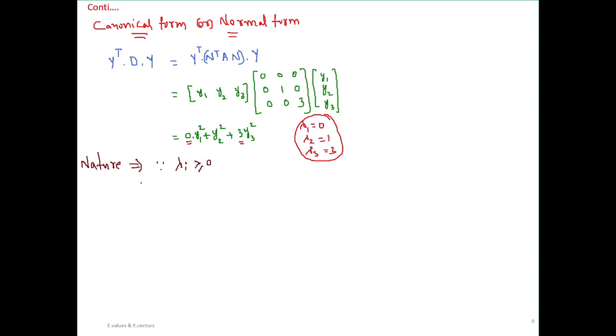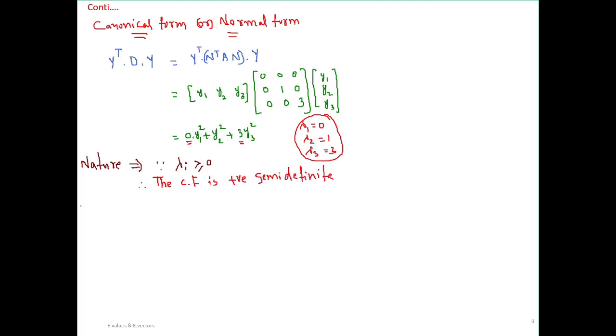Therefore the canonical form is positive semi-definite. If all the eigenvalues are more than or equal to 0, then the canonical form is positive semi-definite.